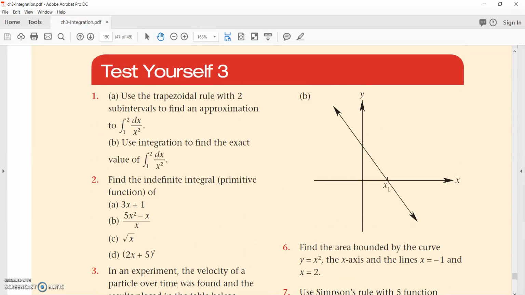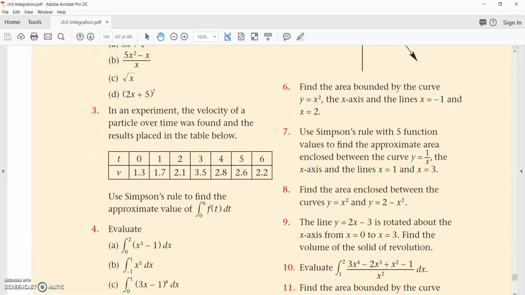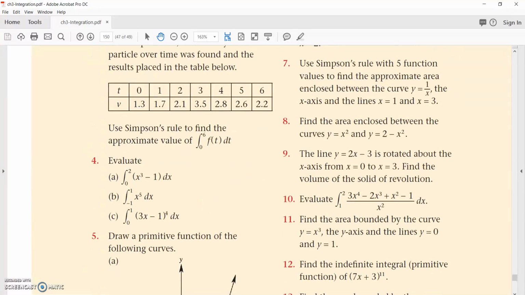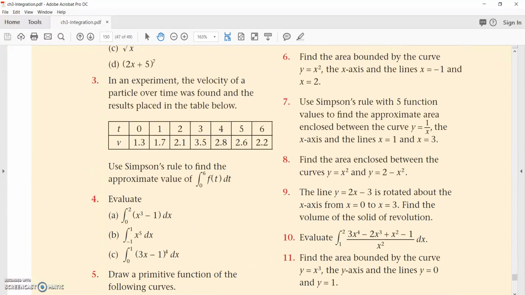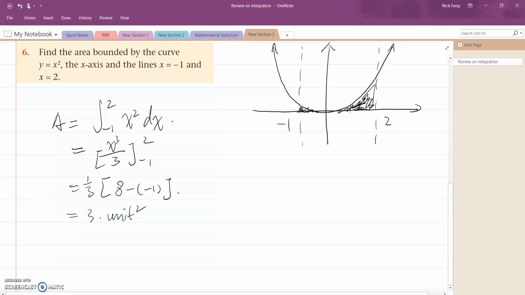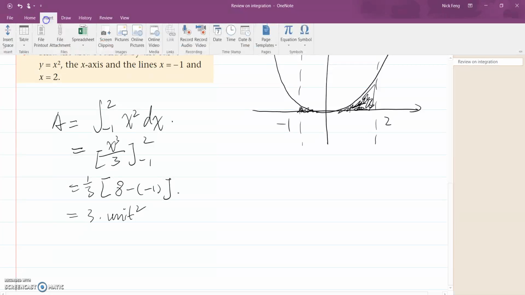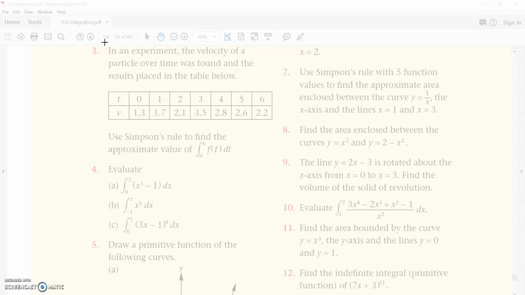Now, what's the next thing we should do? Let's do Simpson's and trapezoidal rule, which is just exactly what we did yesterday. All right. Let's do Simpson's first.